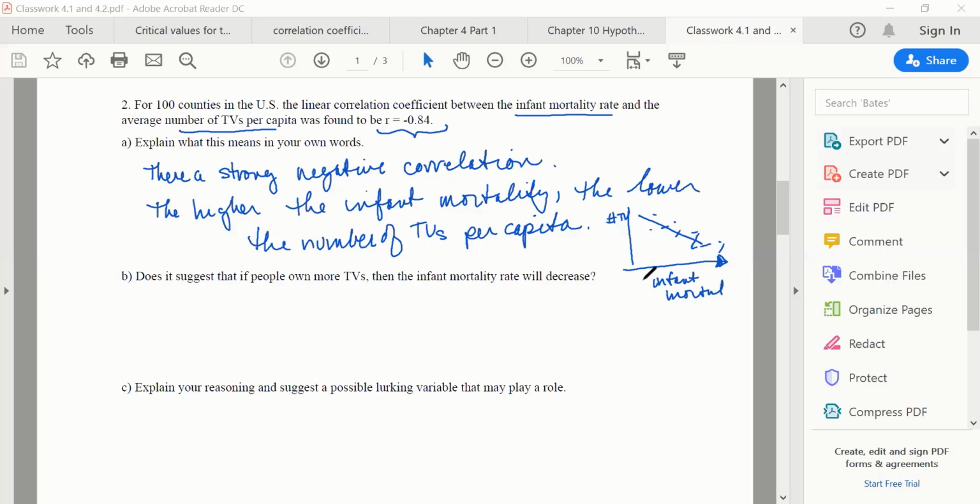So a negative correlation means as one goes up, the other goes down. So as the infant mortality rate increases, the number of TVs per capita will decrease. They didn't ask me that yet.